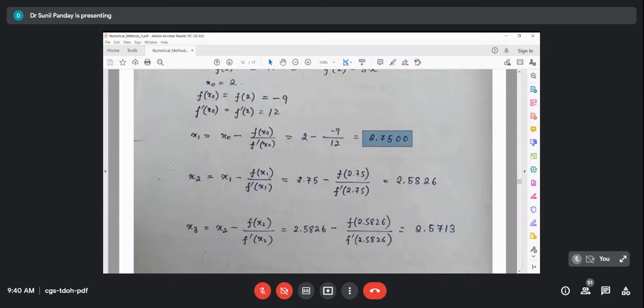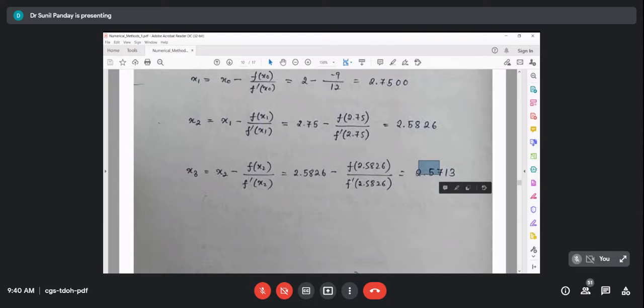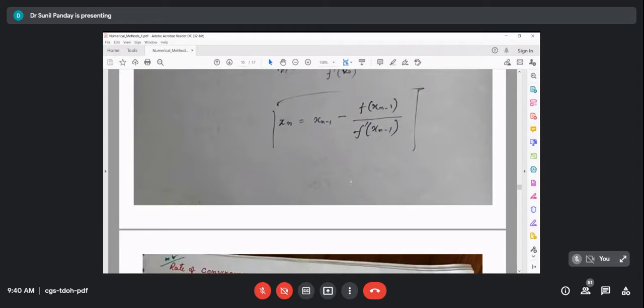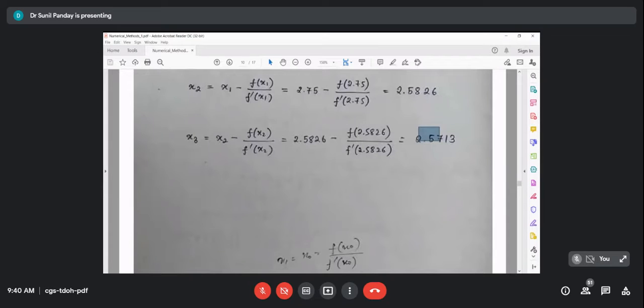Then you calculate x2. x2 is x1 minus f of x1 divided by f dash of x1. You use your calculator to calculate f of x1 and f dash of x1, and these are the values. Finally, you have this one. So like this, you can use your Newton-Raphson method.